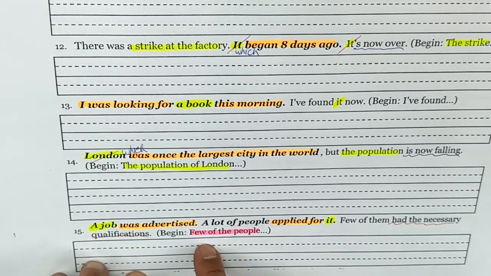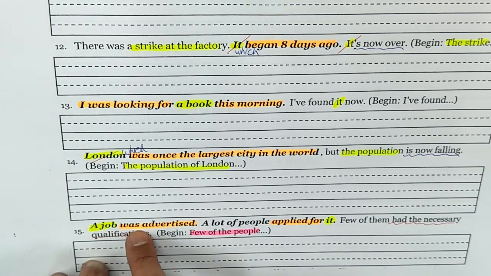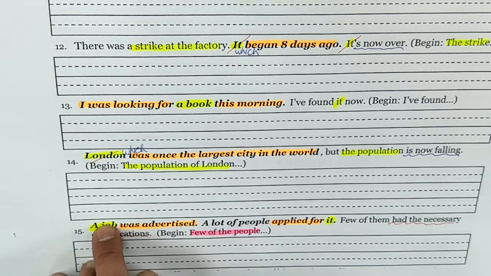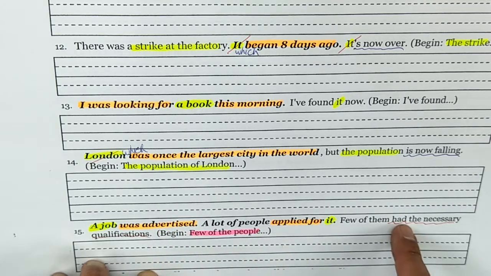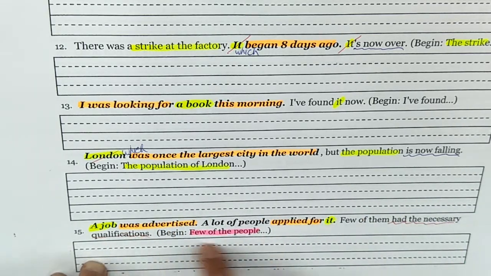So when you say the, few of the people who applied for what? The job, which was advertised, because we're now describing this job, which was advertised, had the necessary qualifications. It's very complicated.